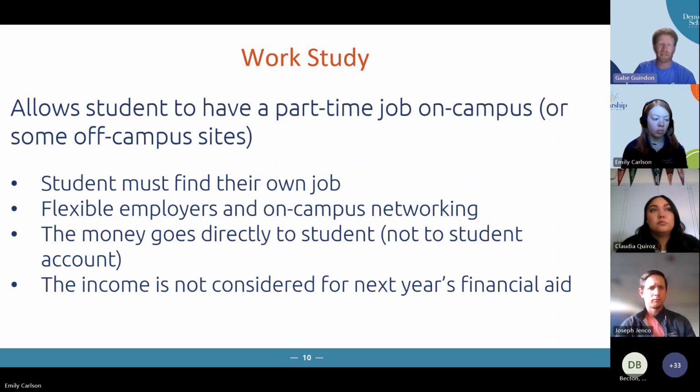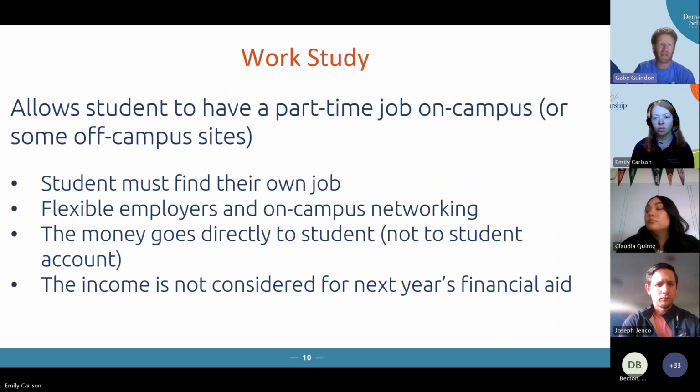Work study is another component of a financial aid award that students will often be offered. This allows students to have a part-time job on campus, and at times work study could be an off-campus experience. Students do have to apply for this opportunity, but it provides them with flexible employment and on-campus networking as well.